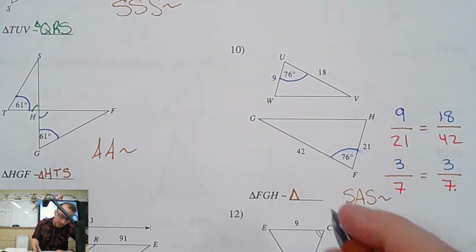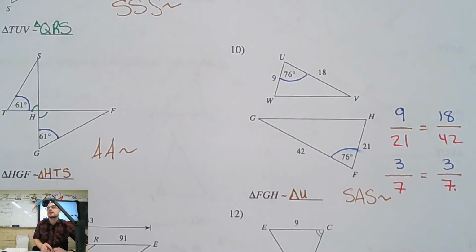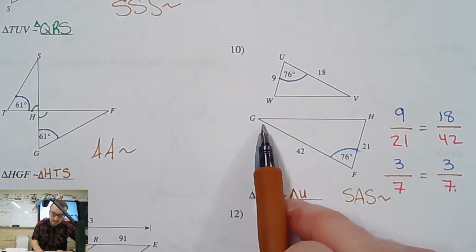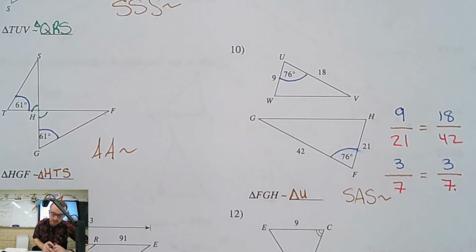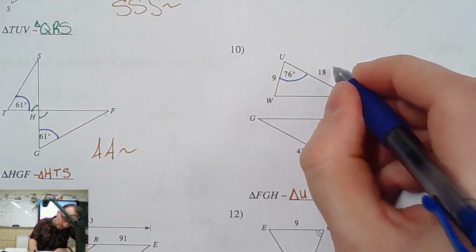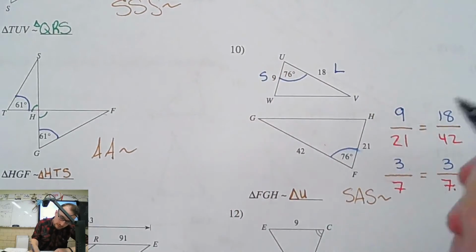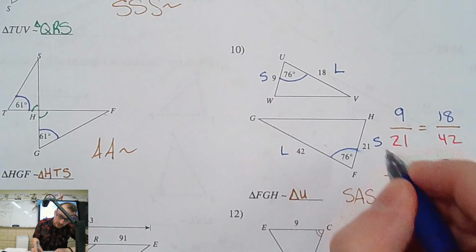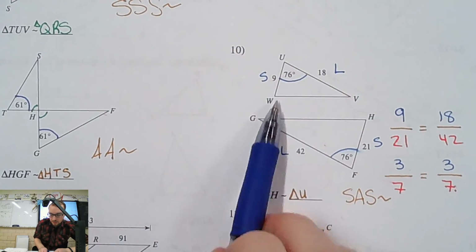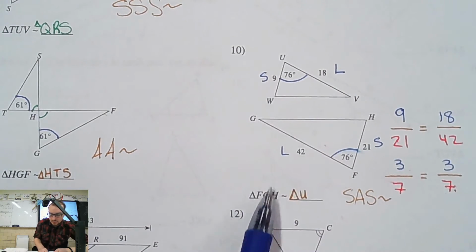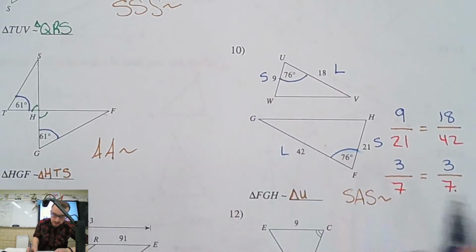U. G is going to go with V. Why is it going to go with V? We have our longest sides, right? So we have large side here and small side there. Large side here, small side there. So V is made up of large and unknown, and so is G. So since G is large and unknown, V will be large and unknown.